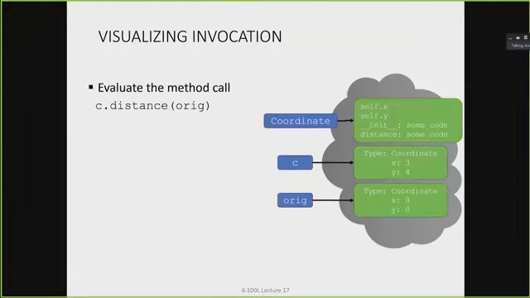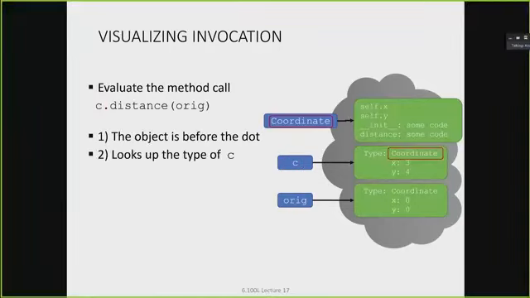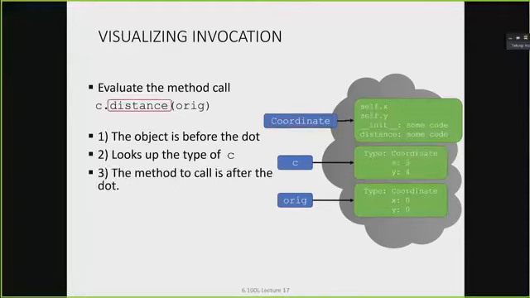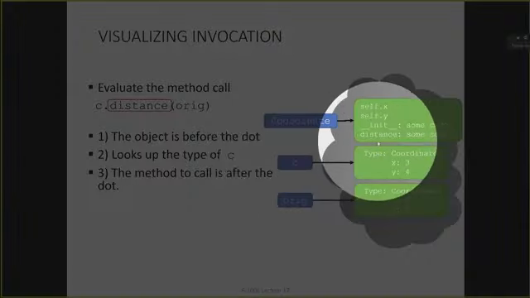When I make a method call on c, Python says, all right, let me look at this thing before the dot. What is it? It's an object of type coordinate. Then it looks at the method you're trying to call, distance. It says, hey, does coordinate have a distance method defined? Why, yes, it does.